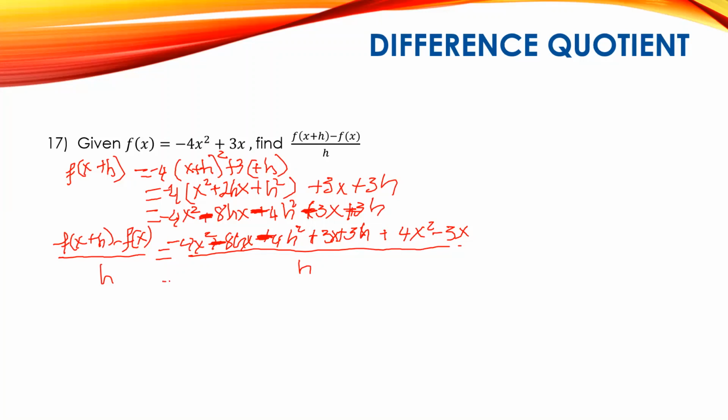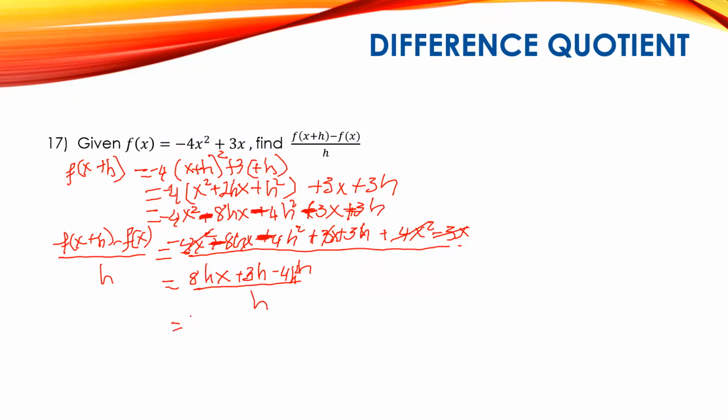Now negative 4x squared and 4x squared cancel out. 3x and 3x cancel out. What I have left is 8hx plus 3h minus 4h squared over h.